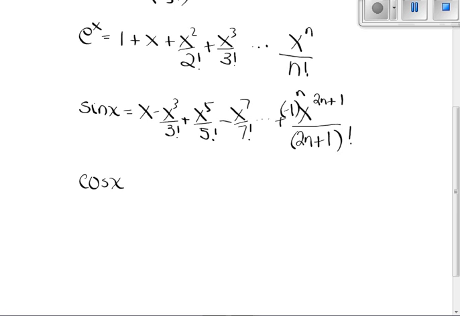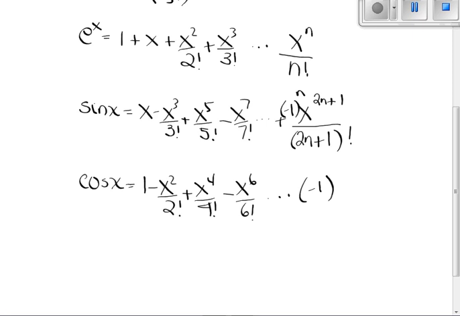So if I took the derivative of this, it's 1 minus x squared over 2 factorial plus x to the 4th over 4 factorial minus x to the 6th over 6 factorial. And then it's going to be negative 1 to the n. Does that work? Yeah, that's good. N is 0. If n is 1, I'm here.